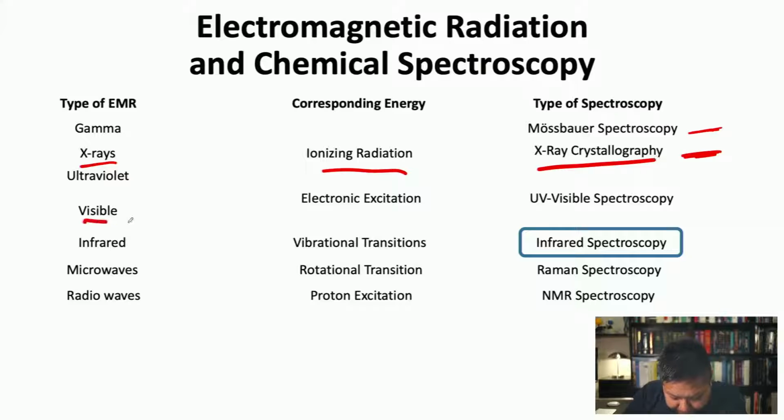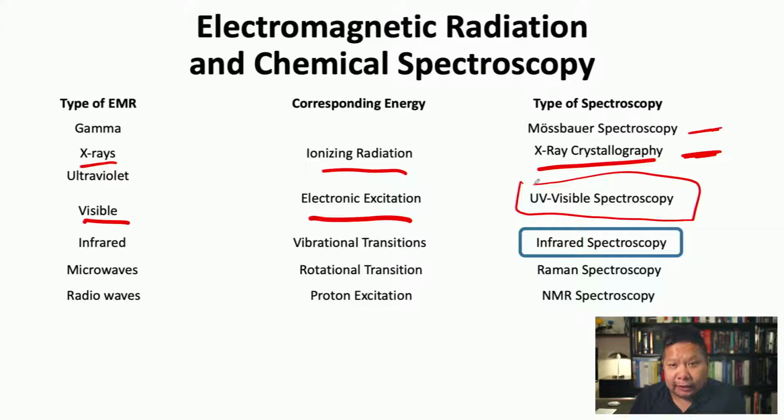And then we have visible, which is electronic excitation, and so you can use that, like I said before, to see colors and stuff like that. UV-visible spectroscopy is based on seeing the UV absorption, or UV-visible absorption, of different molecules.